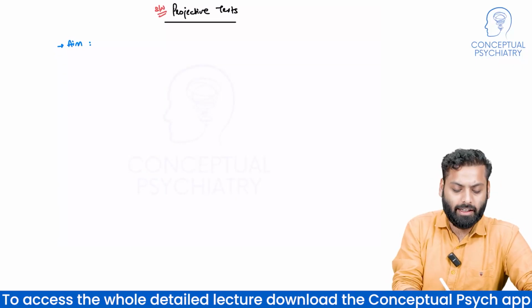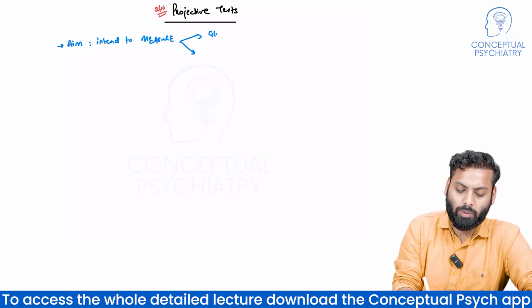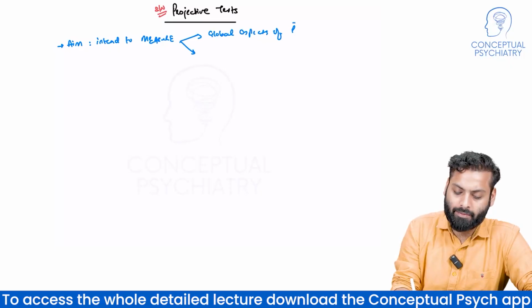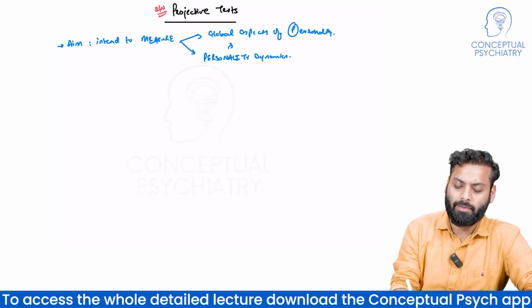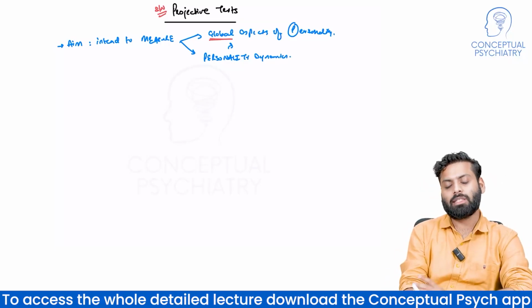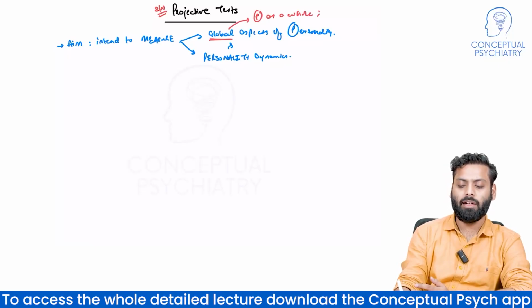These projective tests intend to measure global aspects of personality, and also they intend to measure personality dynamics. Here this word global aspects of personality is important. Why? Because it measures the personality as a whole, in totality.